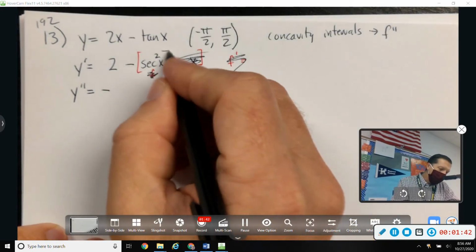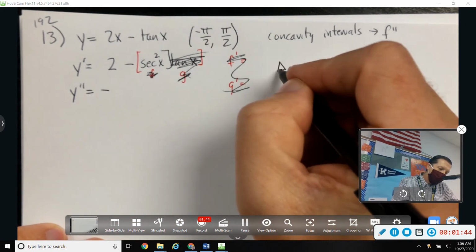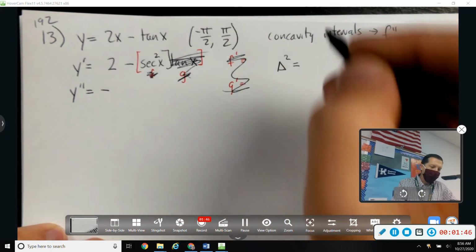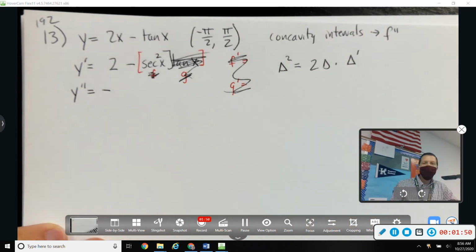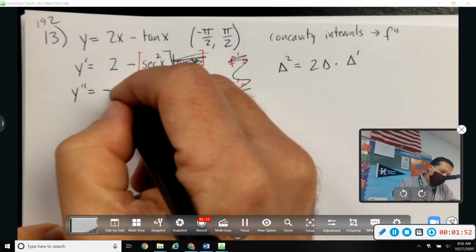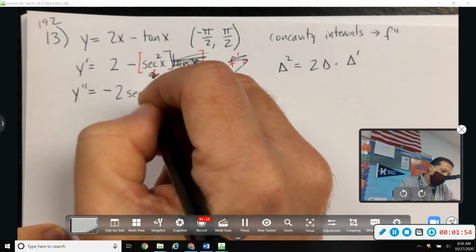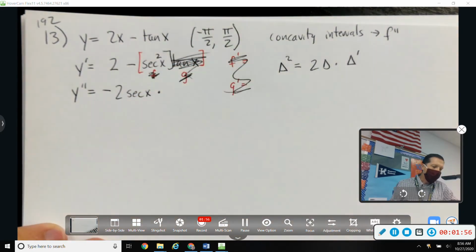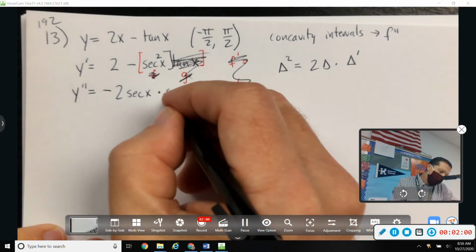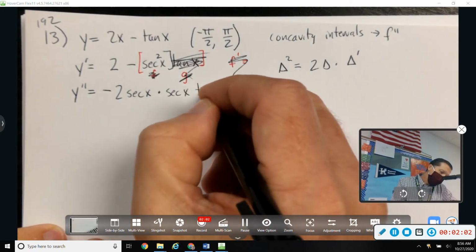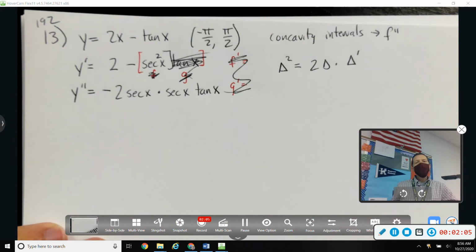So the derivative of secant squared, remember the derivative of anything squared is 2 times the thing times the derivative of the thing. And the derivative of the secant is secant tangent. So that's kind of weird.